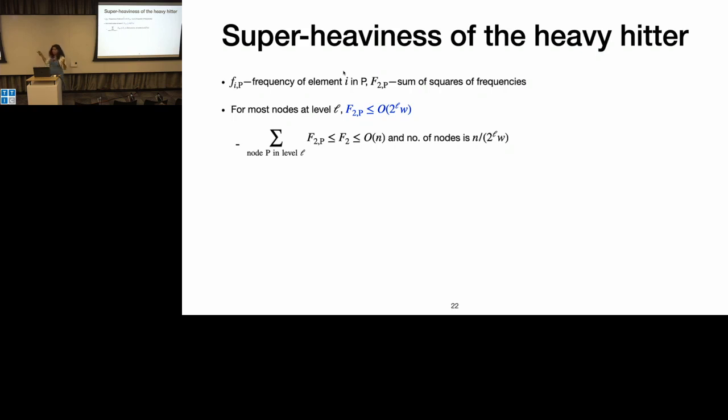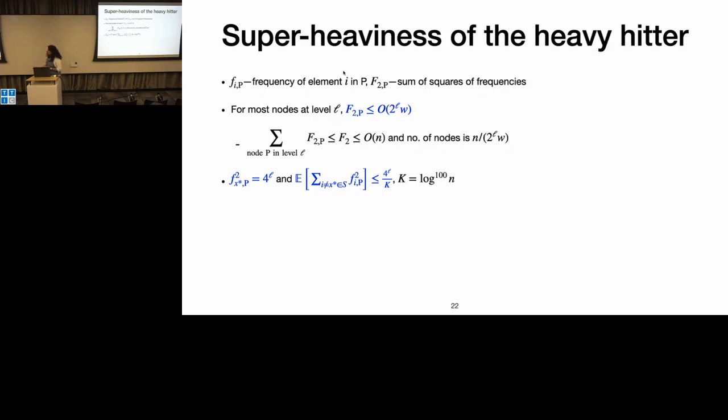These are all disjoint nodes by definition. The sum of frequency squares of them cannot be larger than the total sum of frequency squares of the whole stream itself, and this is at most order n. You have n over 2 to the L times W many nodes, so most of them should have frequency square at most 2 to the L times W. So it's just a counting argument.